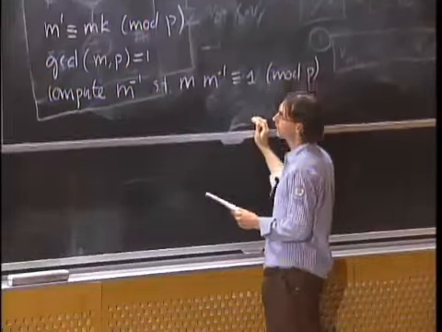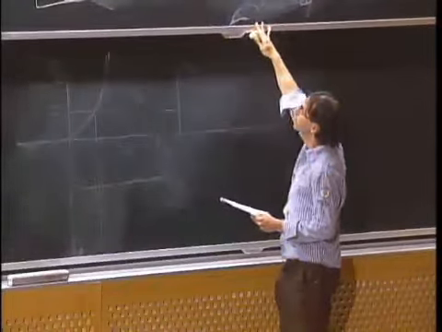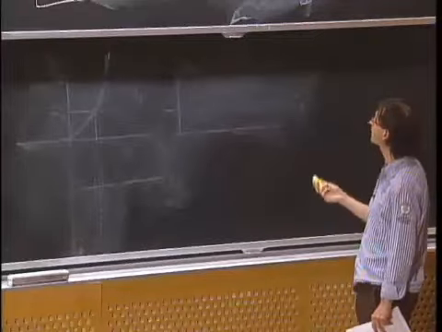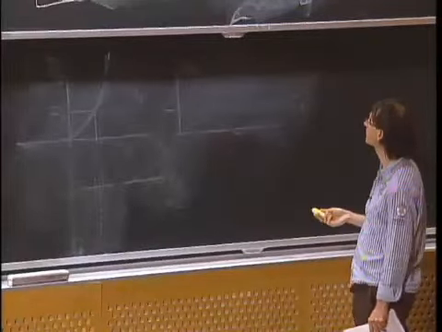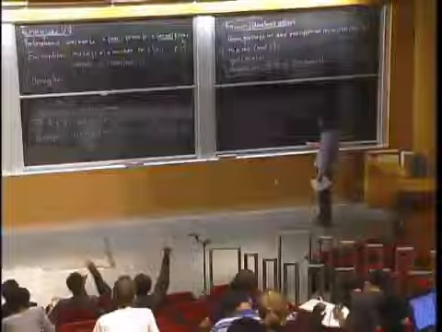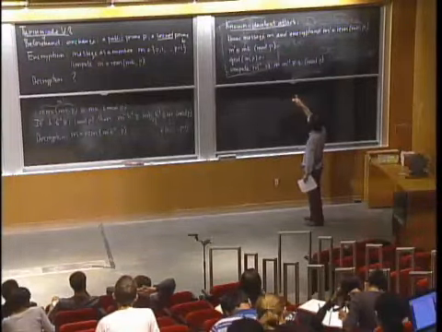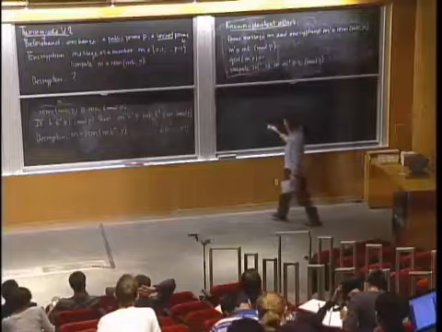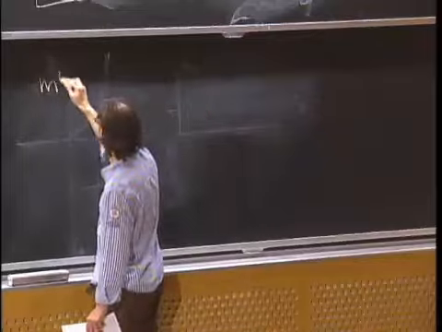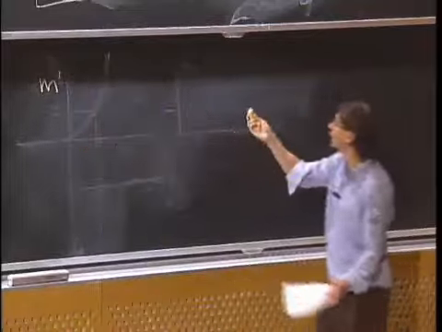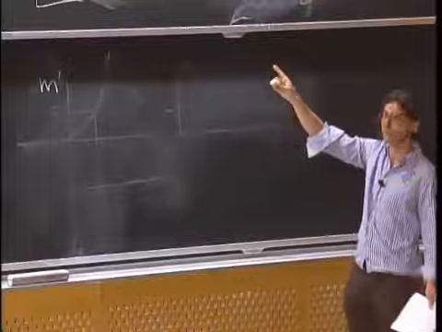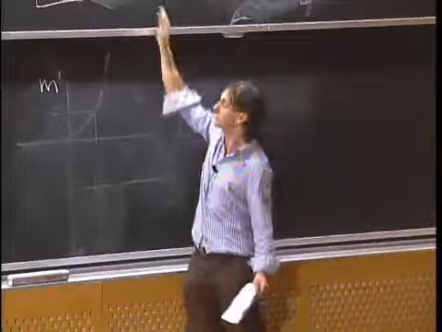So now we can do the next step. If I have such an inverse, then I can take my encrypted message that I have as an attacker, which is M prime. I know M, and since P was public, I can compute this multiplicative inverse.